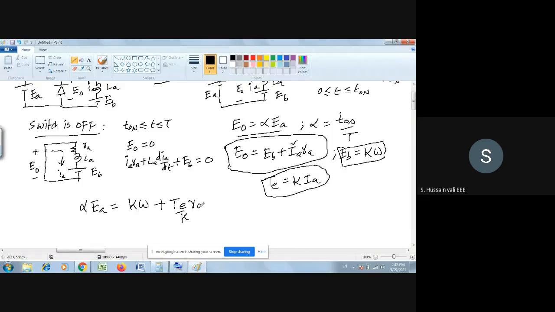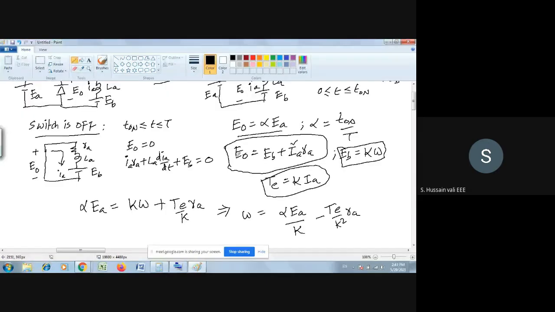So from this, omega is equal to alpha EA by K minus TE by K square into RA. This is the equation we got.